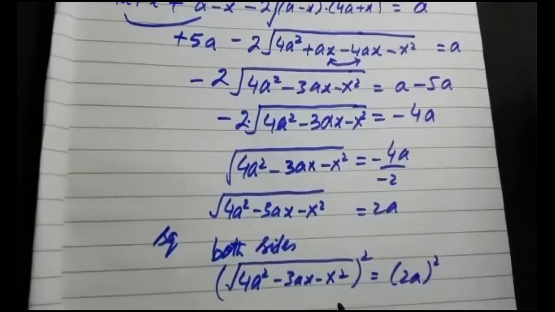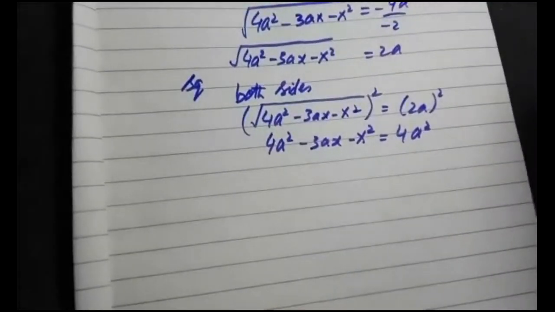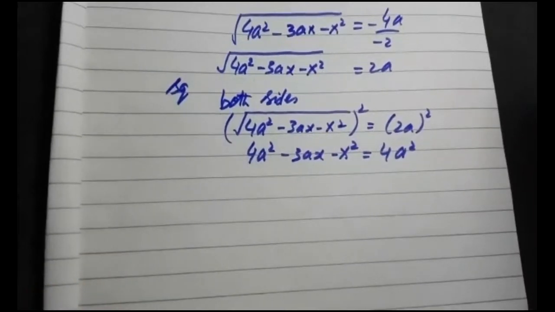Once you take the whole square, it will become 4a square minus 3ax minus x square equals 4a square. So 4a square will be on the right hand side.